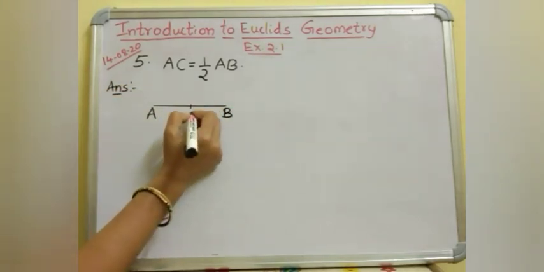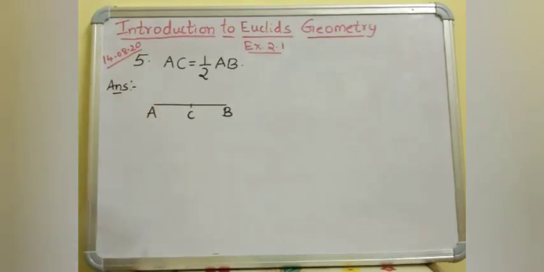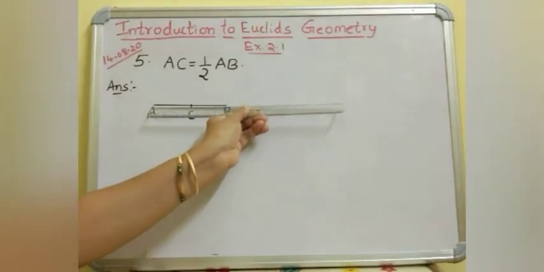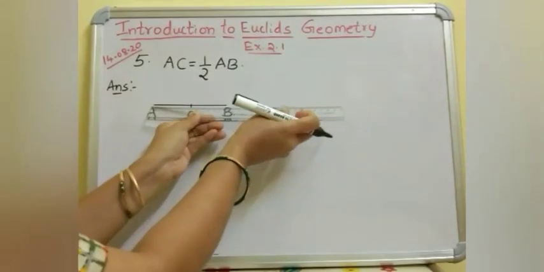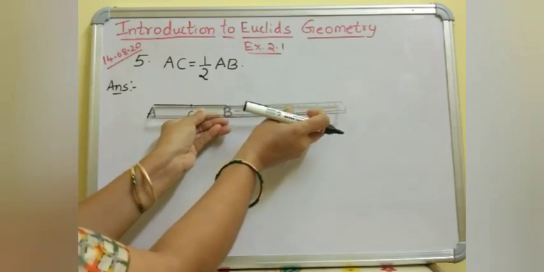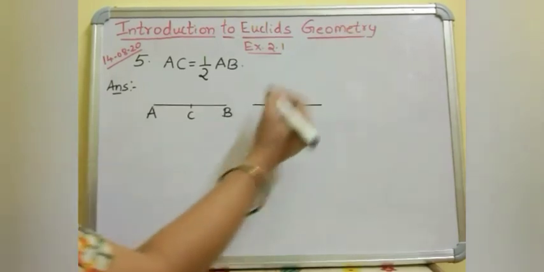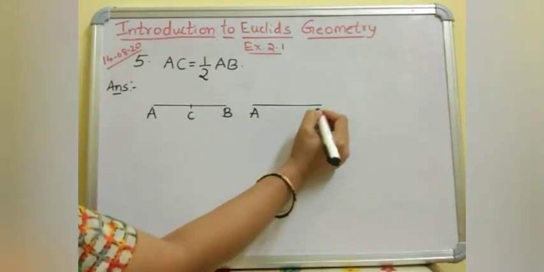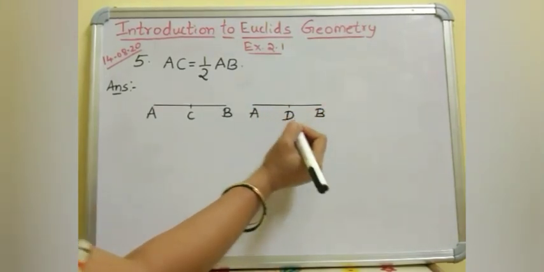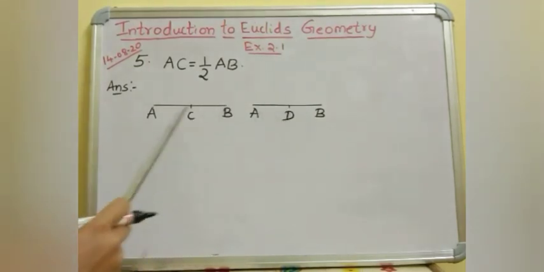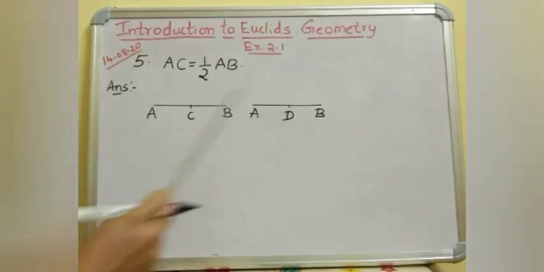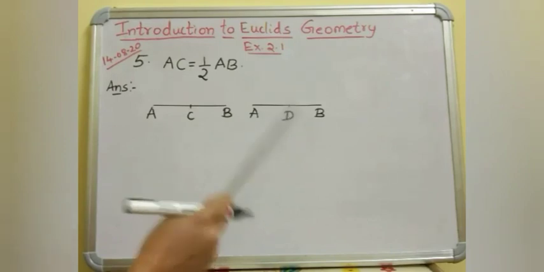Now it is given here C is the midpoint. Now with the same measure, once again I am taking AB. Now I am saying here D is the midpoint. Here I have taken C as midpoint, here I have taken D as midpoint.